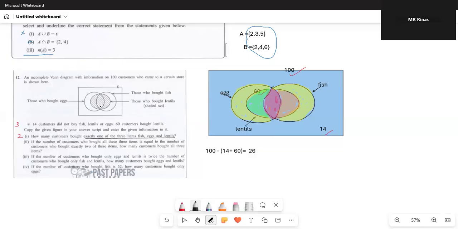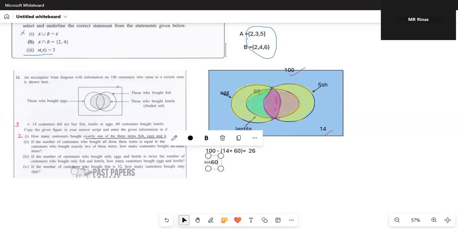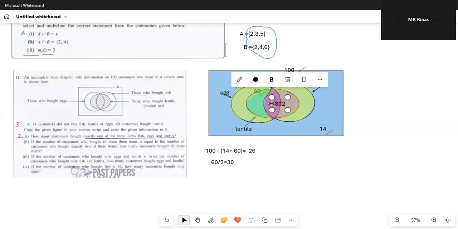So they are telling us that the number of customers who bought all 3 items, this pink portion, is equal to the number who bought 2 items. Then we know that we have lentil 60, so we have to divide that into 2. Then the answer is 30. So the customers who bought all 3 items is 30.